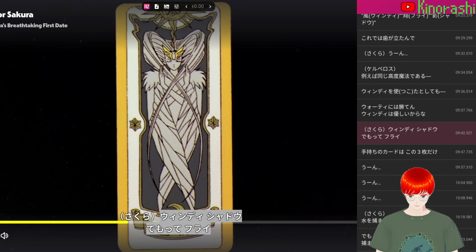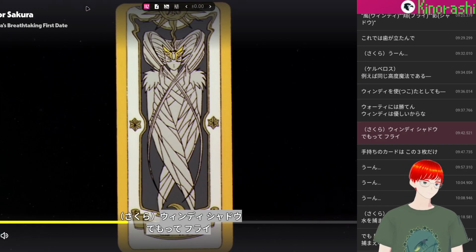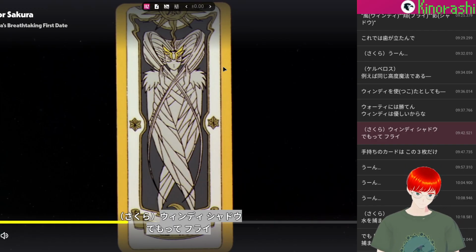Let's see, fly with windy shadow. Demo. Mo, in addition to that, furthermore, as well.